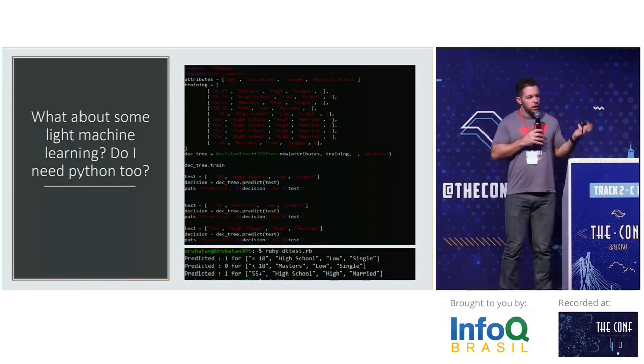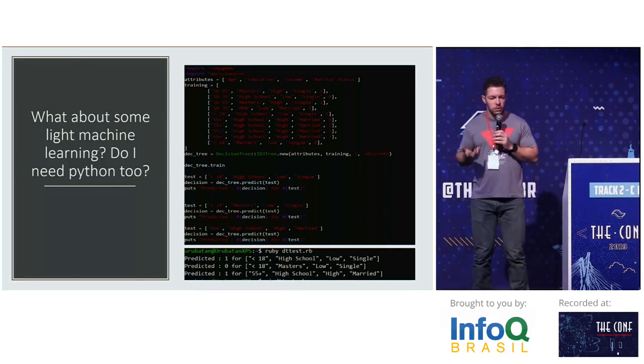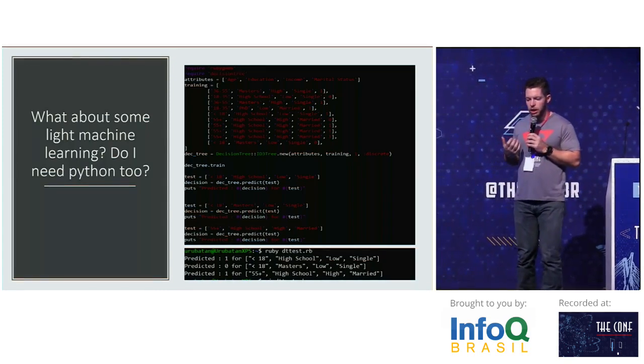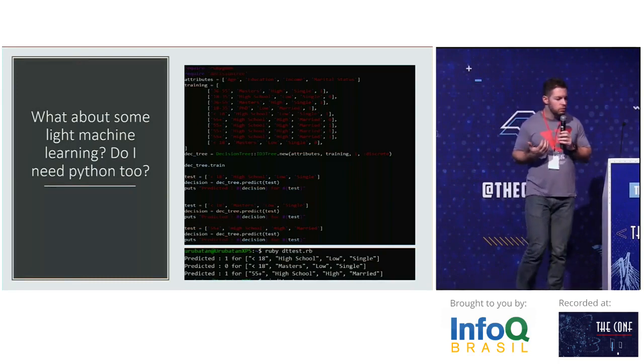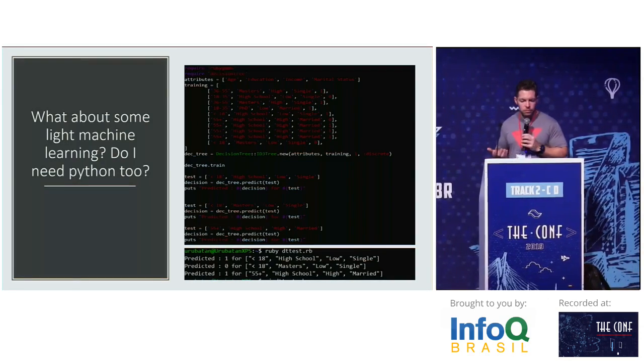And we have some really easy to do machine learning also. This slide is just to present the decision tree library that I thought was really easy to use, and that can help solve a lot of problems. For example, in this sample, it's using a matrix of sample data with age, scholarity, pay grade, and marital status.